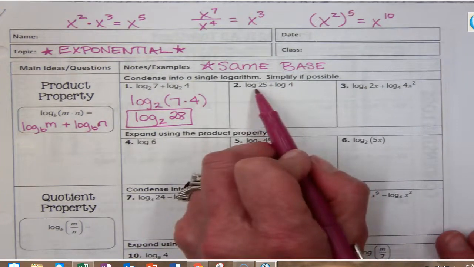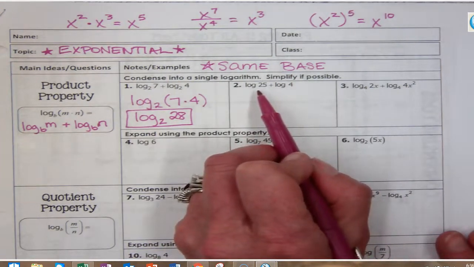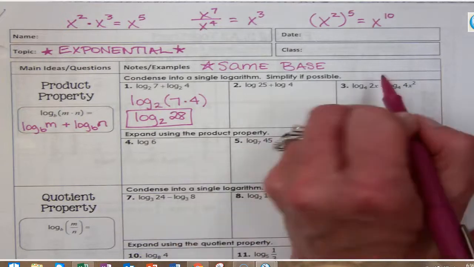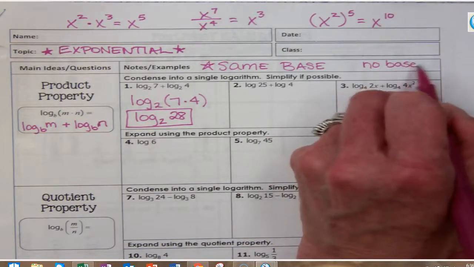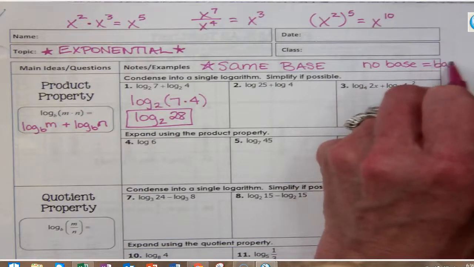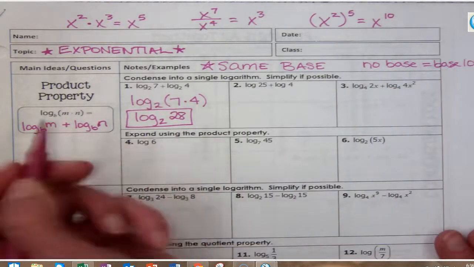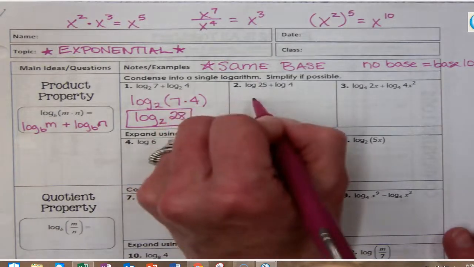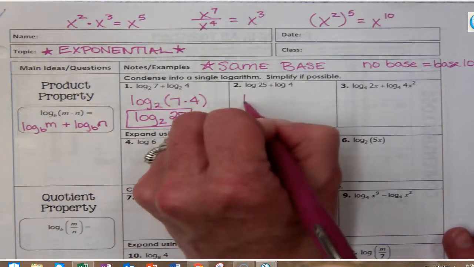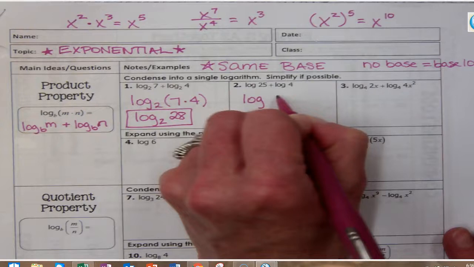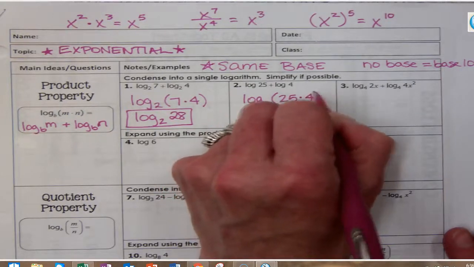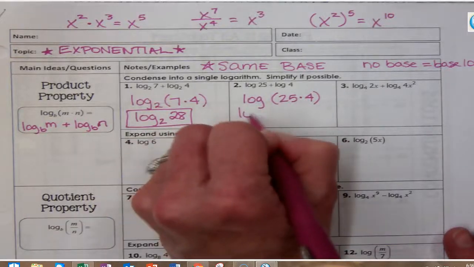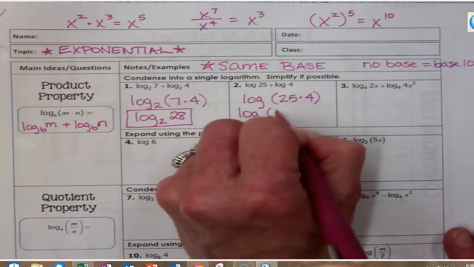Here we've got log, and remember when we have no base, that means a base of 10. So log base 10 of 25 times 4 is going to be log base 10 of 100.